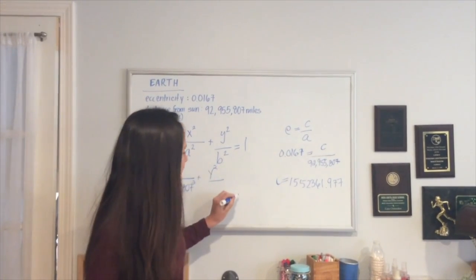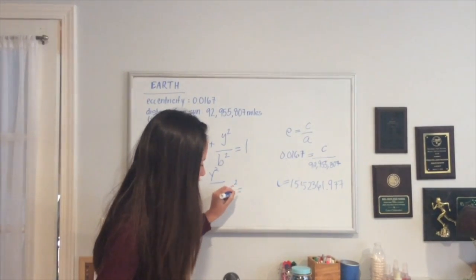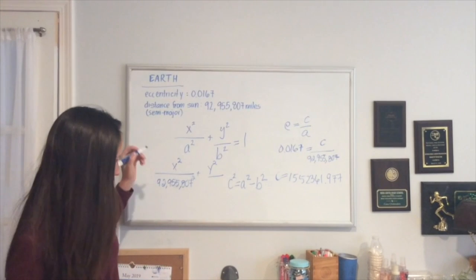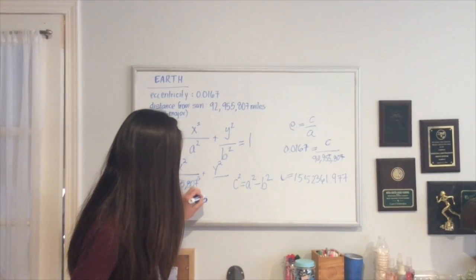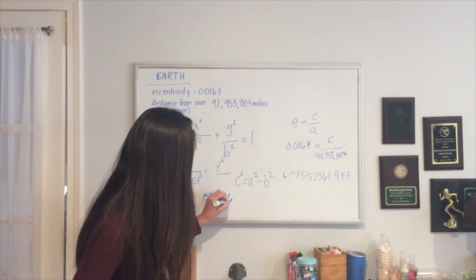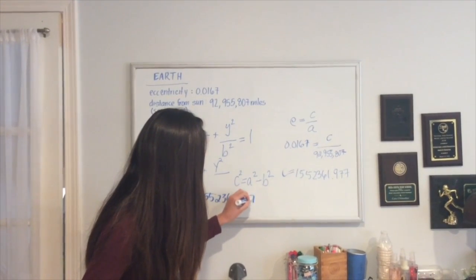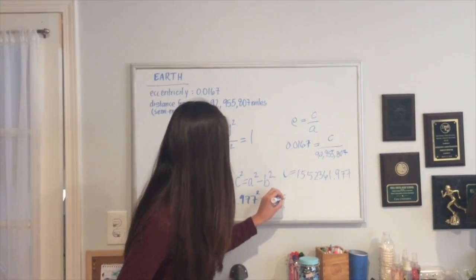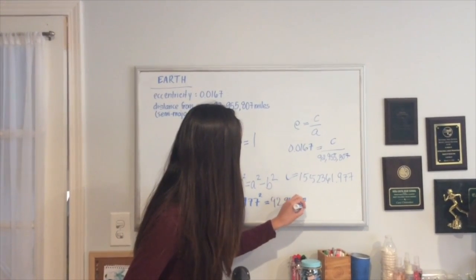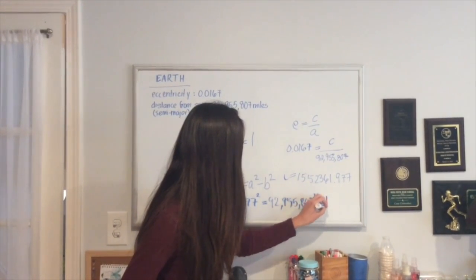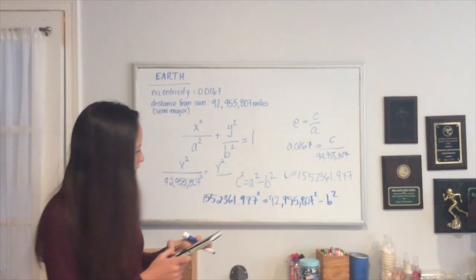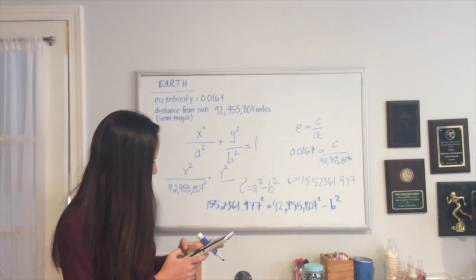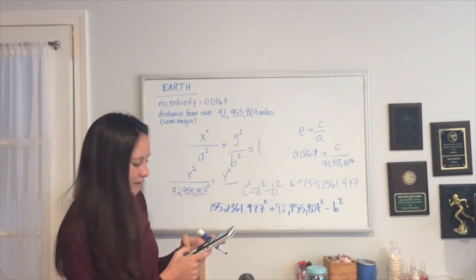So it's going to be found through this equation, C squared equals A squared minus B squared. So our C value, we're going to plug in 1552361.977. We're going to square that, and that's going to equal our A value squared, 92,955,807, minus our B value squared. So real quick, we're going to square our A value, and then we're going to square our C value.